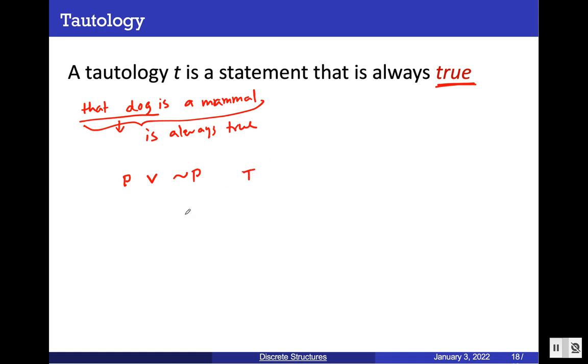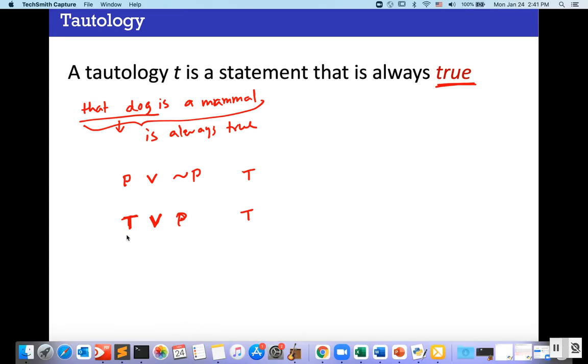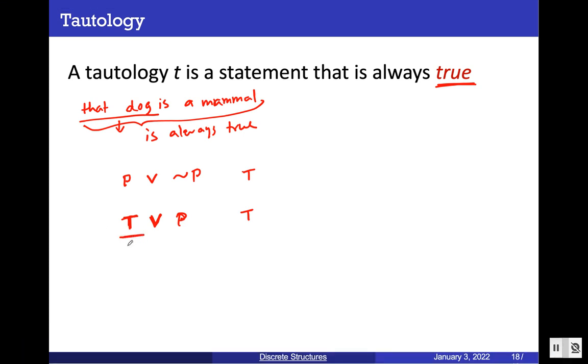Or if we have a true statement and we do an or with any statement, it will be always true. Because this is true, and this p statement is either true or false, this will be always true.